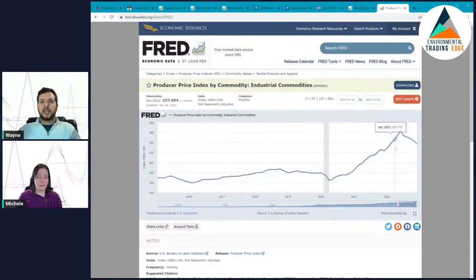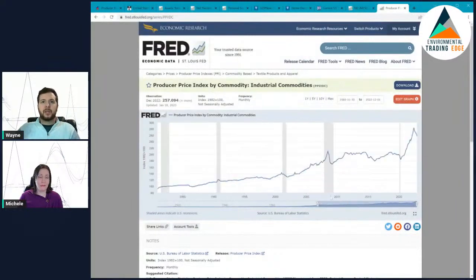So late in 2022, you started to see the price of industrial commodities start to drop. That's part of that demand destruction as well. And you see this in almost every recession, that you get a pretty nasty demand destruction. Most of the time it's right in the middle of your recession when this starts to drop down. It's the second stage.